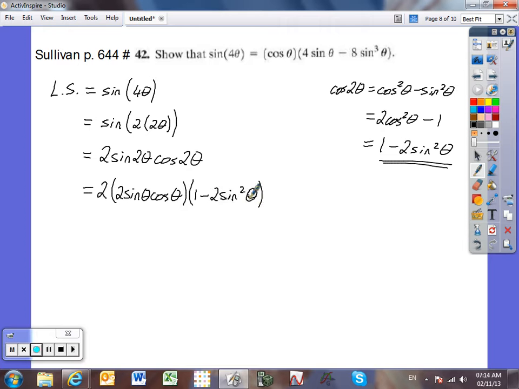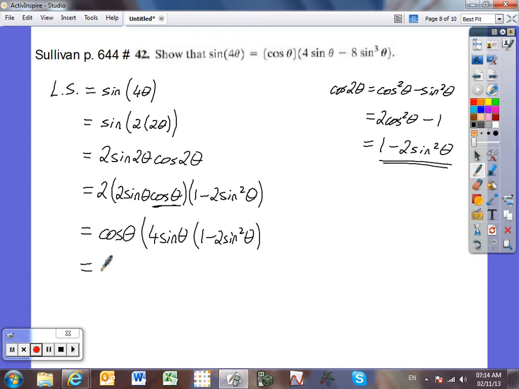Now, I'll notice that the cosine factor has been left out alone, so I'm going to leave my cosine factor right here, out alone in front. What I am left with is 4 sine theta, which is distributing to the 1 minus 2 sine squared theta.